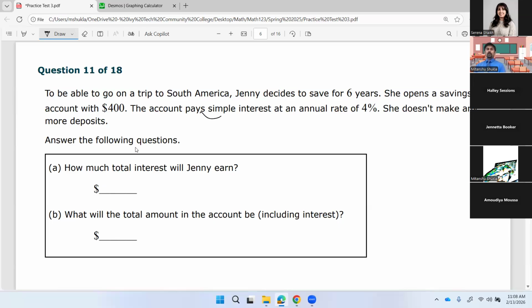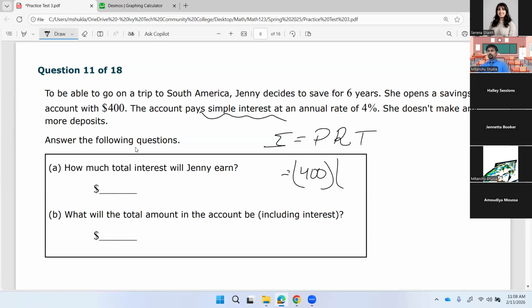And whenever they're talking to us about simple interest, we want to say that interest is equal to principal times rate times time. It's not going to compound. Okay. Principal still means the beginning. How much did she invest? $400.